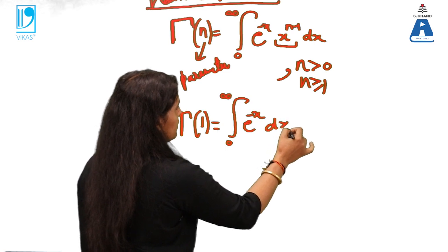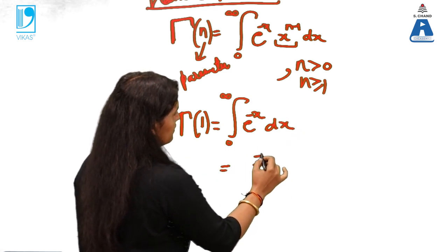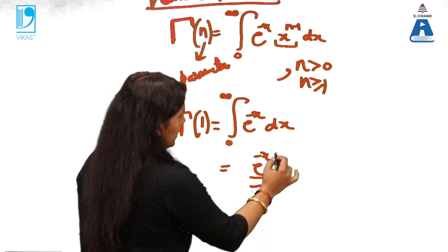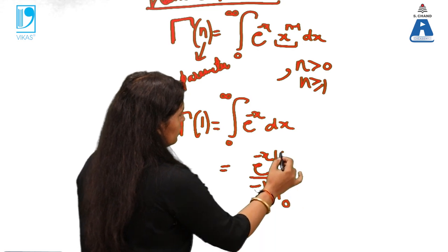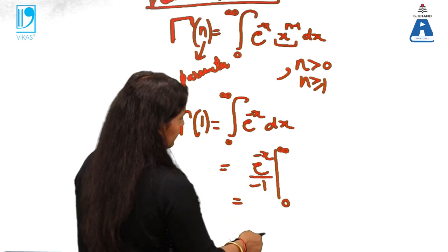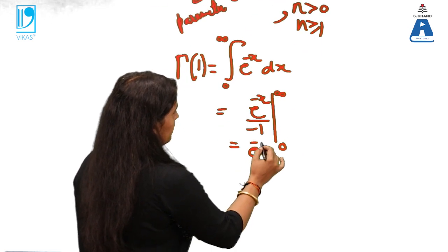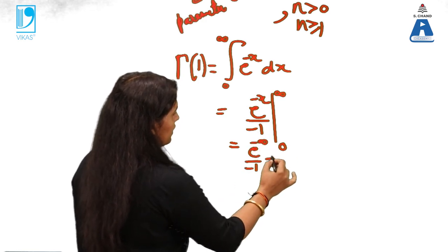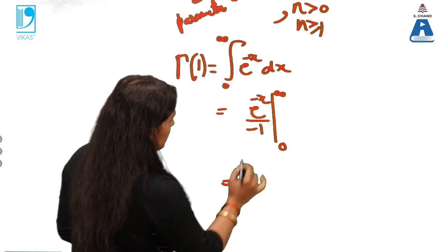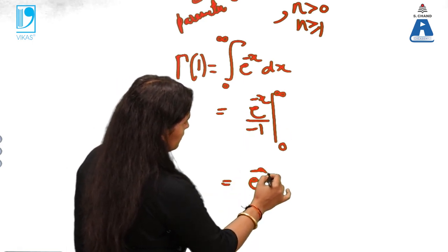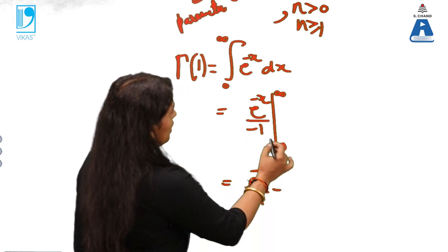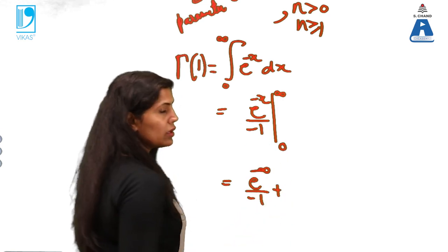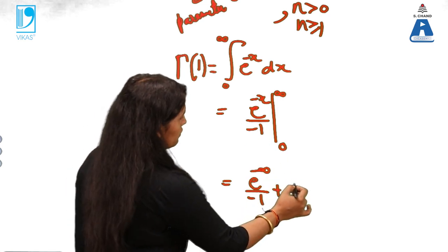So this is simply the integral of e to the power minus x, which is minus e to the power minus x, from 0 to infinity. Put the limits: e to the power minus infinity, lower limit minus, and this minus will become plus, e to the power 0.